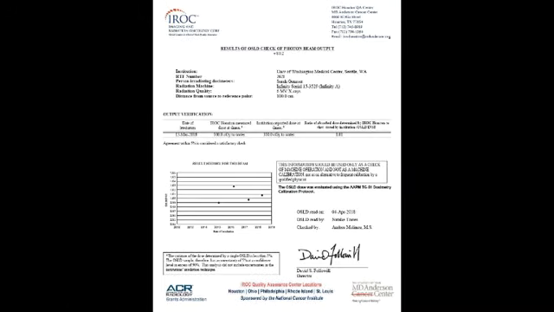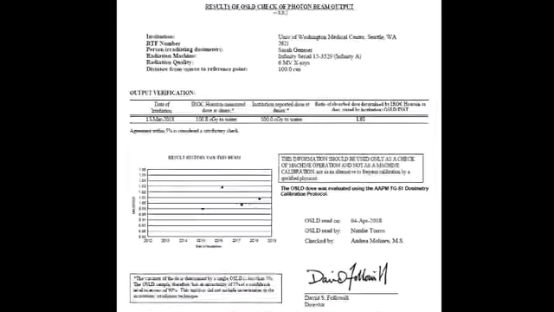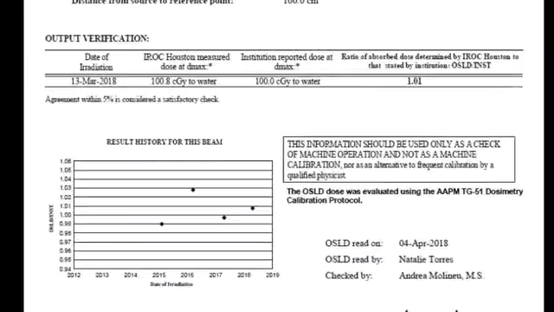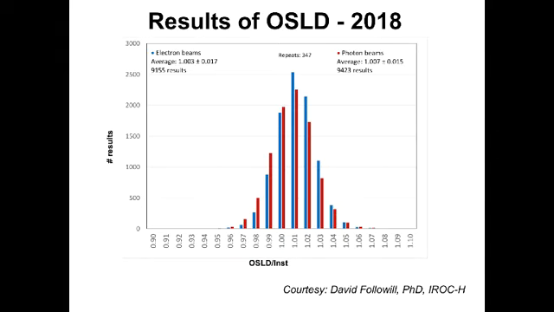Here's an example of a report that you get. This is for one particular beam on one machine. And here's the ratio of expected to delivered doses in % here. And you can see the historical performance. It should be 1 ideally, but you'll see there's some variability over time. And if you look over all institutions, this is what you see. This is data from 2018 shared with me by Dave Followill, who's the PI of the IROC Houston Center.